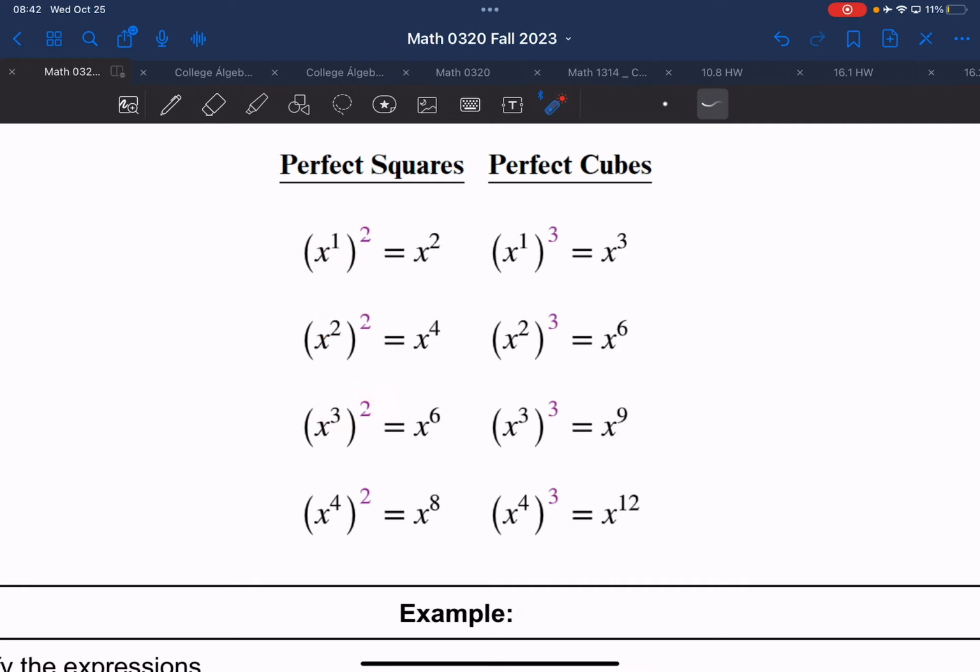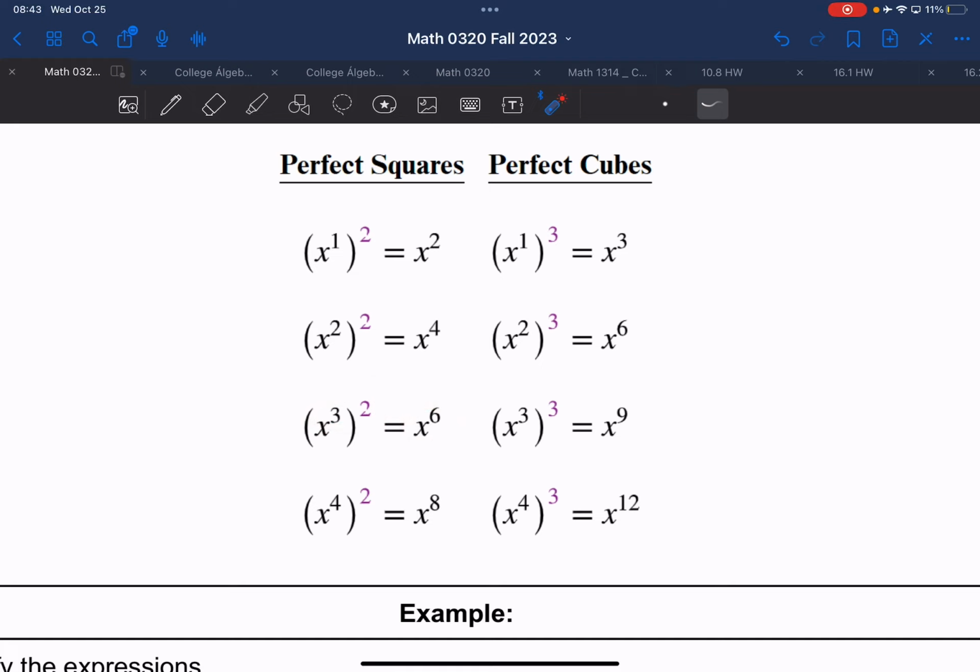This property of exponents tells us that if we have an exponent raised to another exponent, we multiply the exponents together. So for example, x cubed squared means we take this 3 and 2 and we multiply them and we get x to the 6.